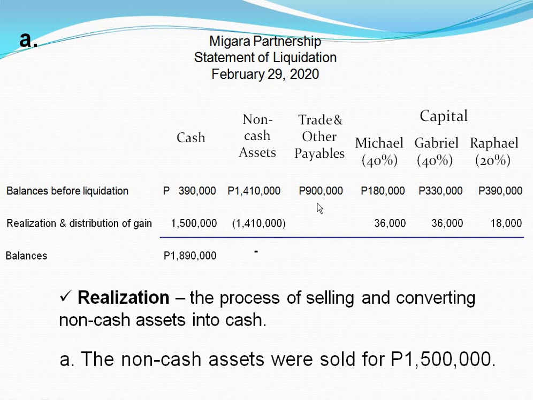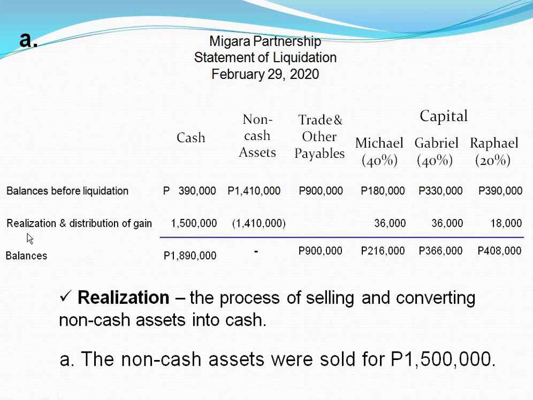Then, bring down this 900,000 for trade and other payables. Michael capital, 180,000 plus 36,000 equals 216,000. Then, 330,000 plus 36,000 for Gabriel will give us 366,000. For Rafael, 408,000.